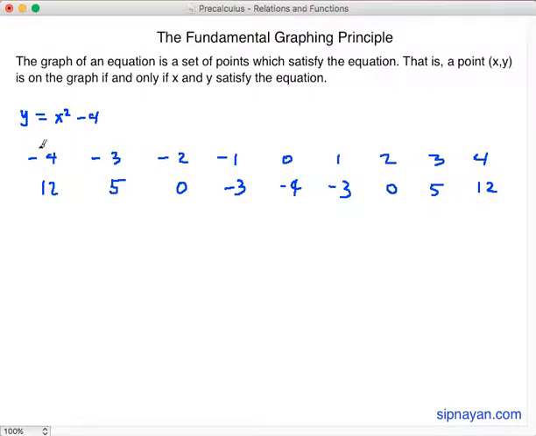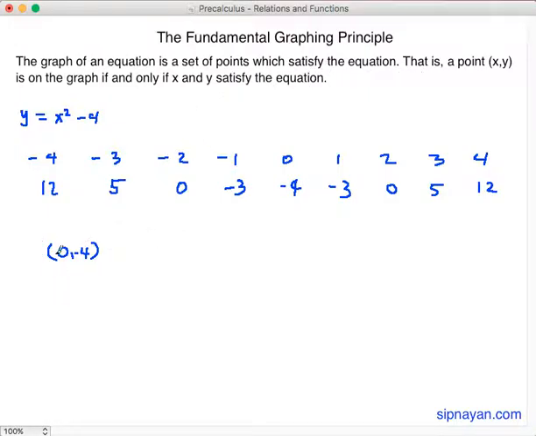So these are some of the coordinates of the points that satisfy the equation. For example, (0, negative 4) is a point whose coordinates satisfy the equation.